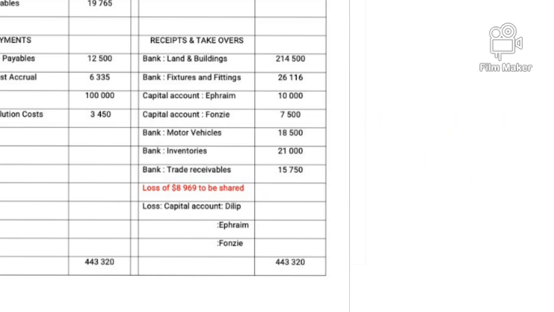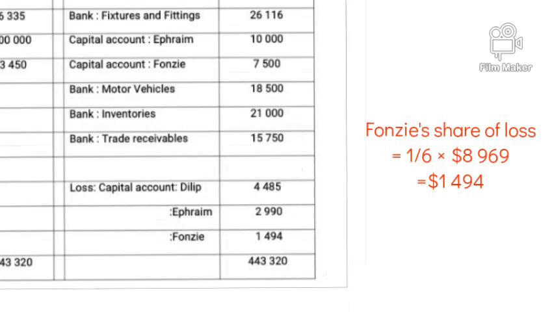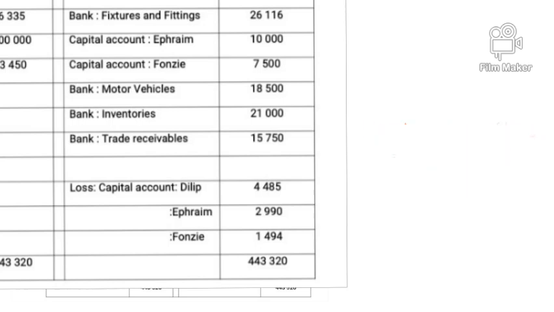Then we move on to Fonzie. 1/6 times 8969, you get 1494. So this is how you share the losses to the partners, and it brings to the end of the realization account. So I want you to stay tuned as we move on to the capital accounts.